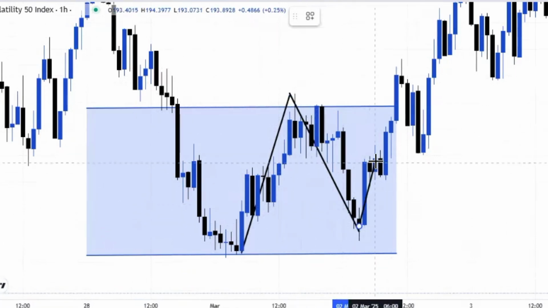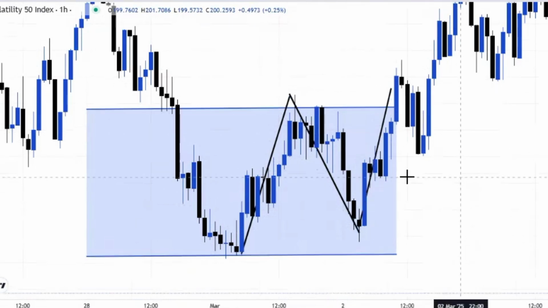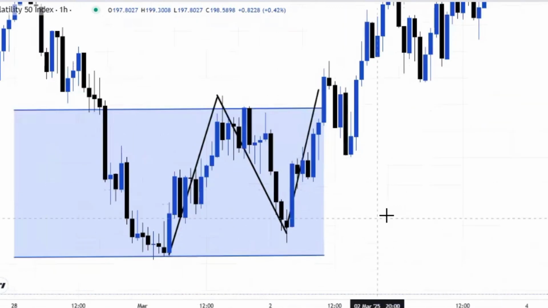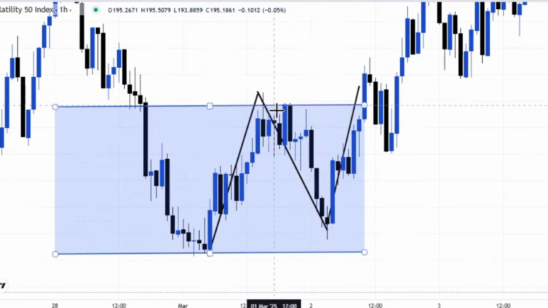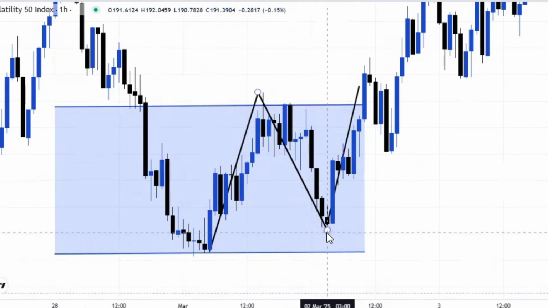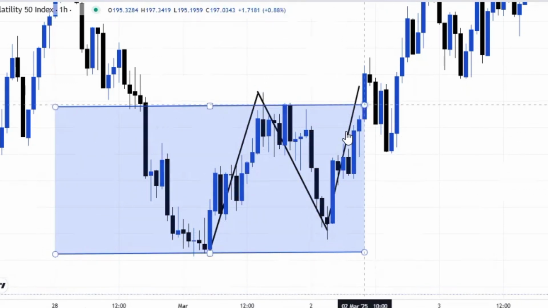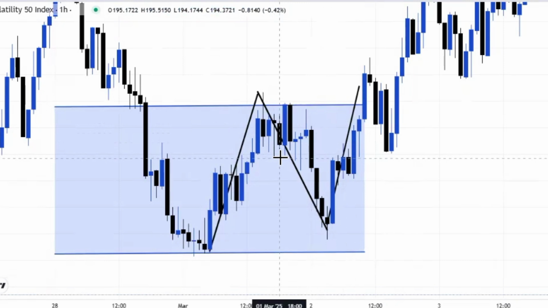Because you can see from this low to this high, and another higher low, this is a sign that the market is trying to create a bullish structure.